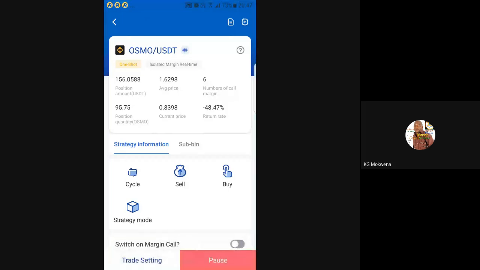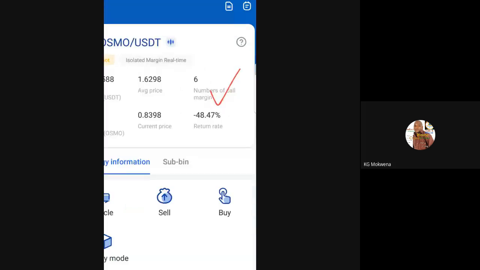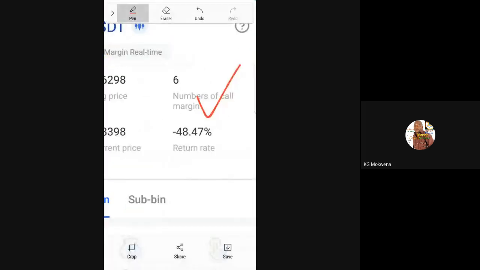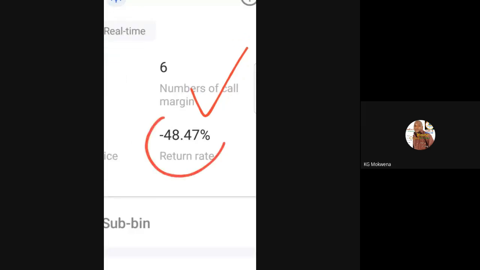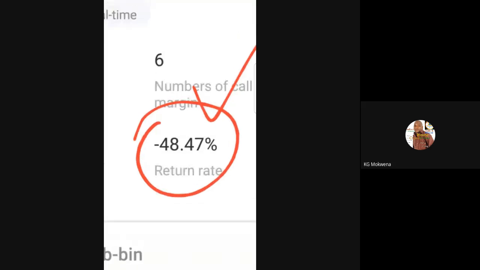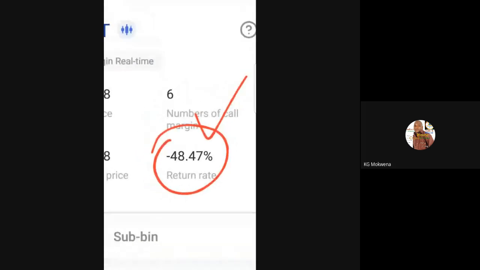Now look at this. Tomorrow is Friday, and I'm going to go into this market with you now. Let's check. Because you can see this minus 48 is huge, and the consolidation period is huge also. So we can put, say for instance, about 400 into this, and let's see how the market is going to perform.